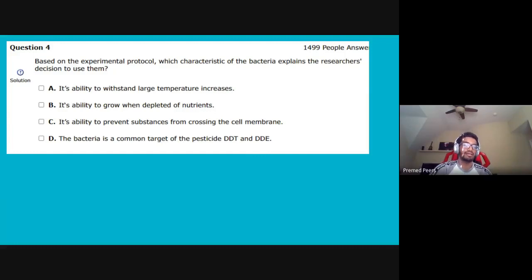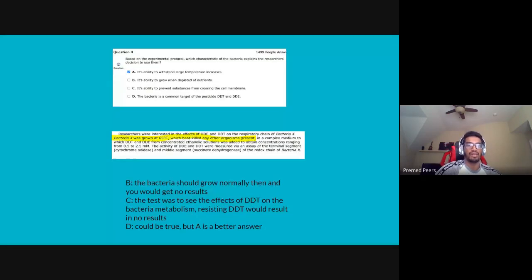And honestly, that's an even better way to look at it because you have that personal experience that informs your reasoning. But if you had to look at it purely based on the passage, we would go with A because it talks about specifically how the temperature increase killed any other organisms present.